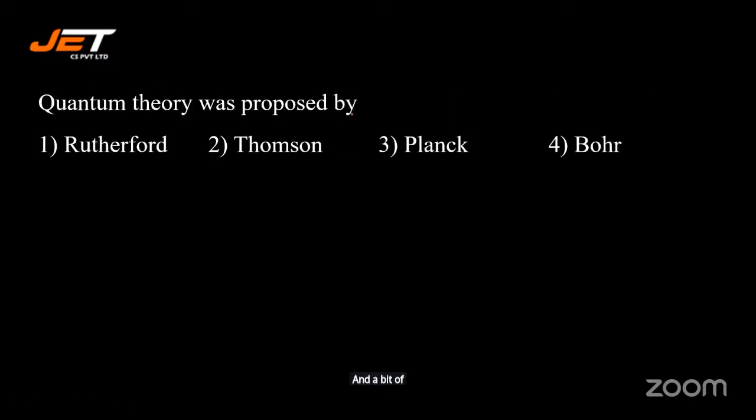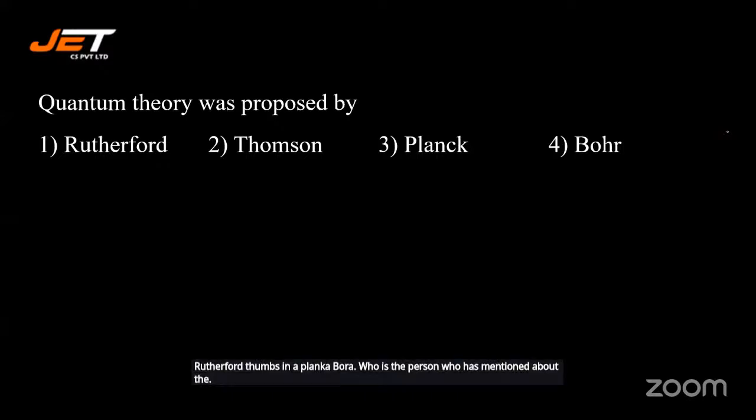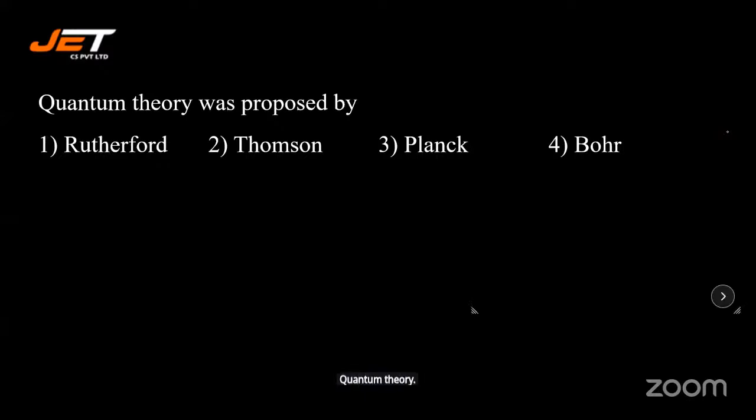Quantum theory was proposed by. Who has proposed the quantum theory? Rutherford, Thomson, Planck, Bohr. Who is the person who has mentioned about the quantum theory? Yes, let us see who is the person answering this first. Meenakshi is telling it is Bohr.